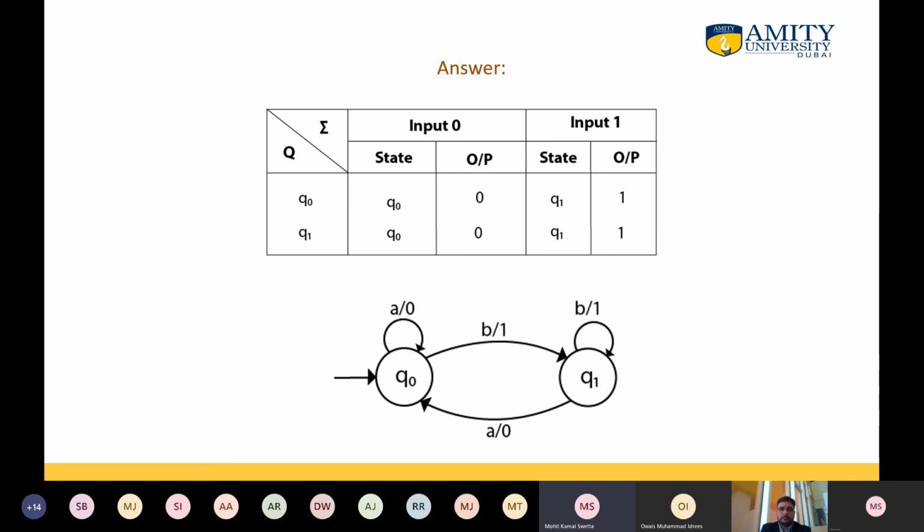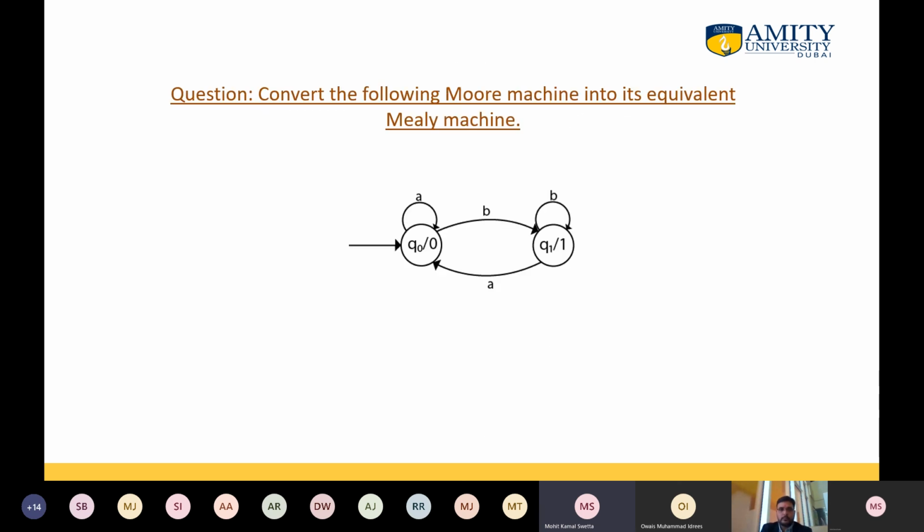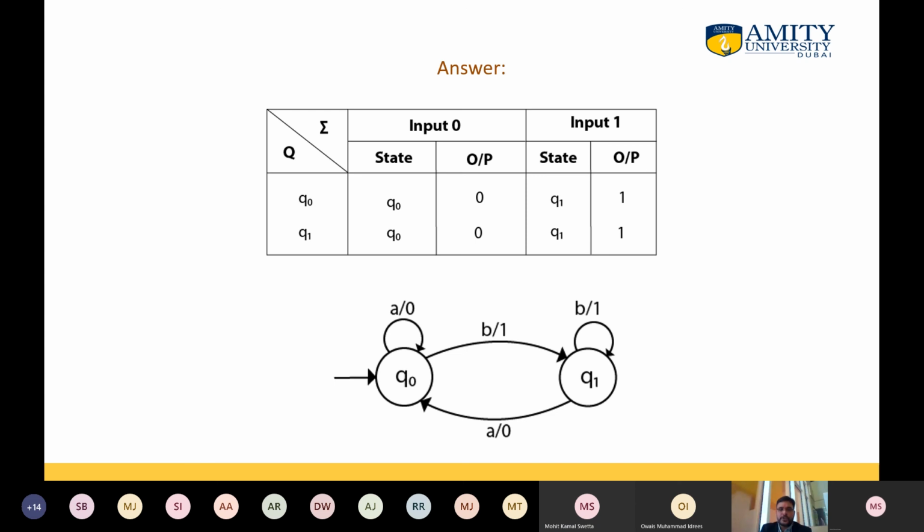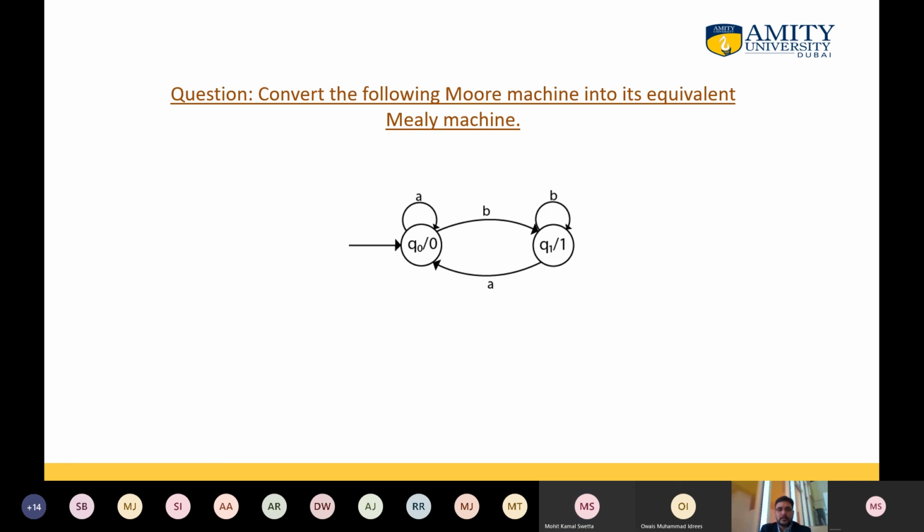But in the Mealy machine, when we are going from Q0 to Q1, how is the output 1? Shouldn't it be 0? No, see, your question is Q0 input B, you are going to Q1, isn't it?